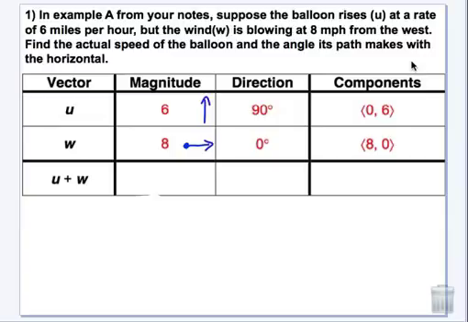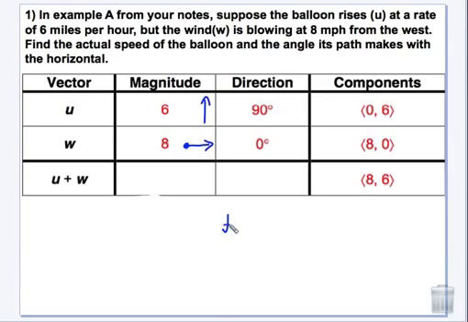Now, both of those vectors are pushing on that balloon. So for the actual path for the balloon, the actual components, I'm just going to add these two together. They'll be 8 and 6. Let me see, 8 and 6. Okay, now I'm going to use those components to find my direction.